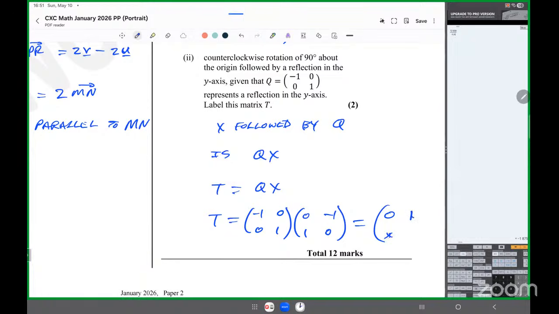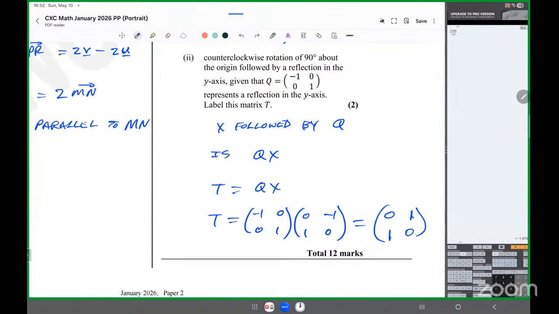Down here, this row and this column, 0 times 0 is 0, 1 times 1 is 1, so down here is a 1. And it's going to be a 0 as well, because it's 0 times 0, 1 times 0.